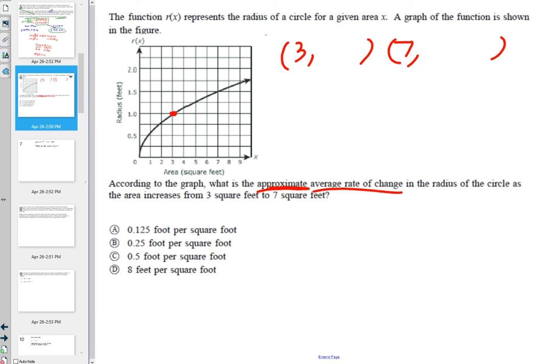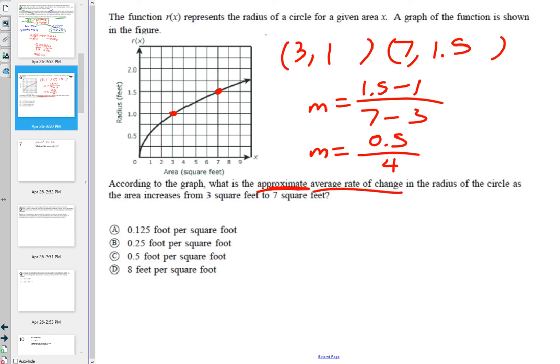With 3, what does it appear to be on the radius, on the y-axis? That appears to be 1.0, which is 1. And then on the 7, that was a little bit more exact. That appears to be at 1.5. So now just the slope formula: 1.5 minus 1 over 7 minus 3 is going to be 0.5 over 4.